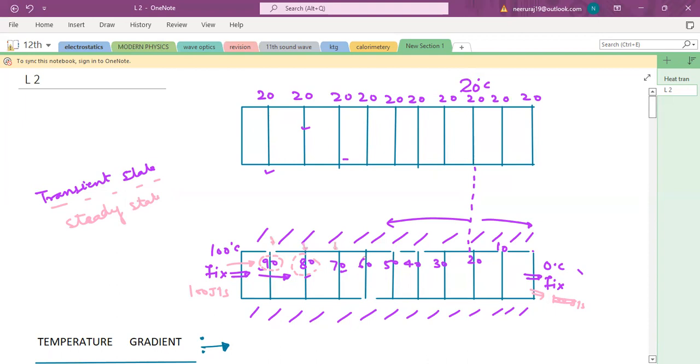All the layer temperatures have reached their optimum value. Now whatever energy is coming in from this side, this material will not absorb energy. The complete energy will come out from this part, like 100 joule per second. This state we call the steady state, and in the last class we discussed this.